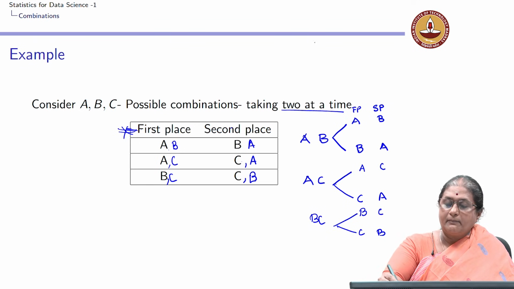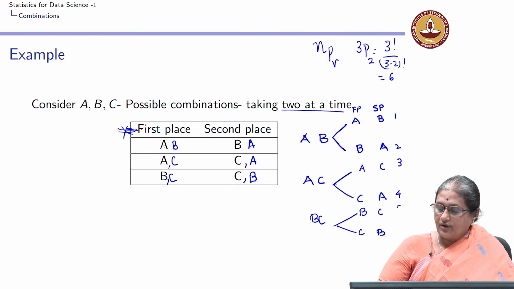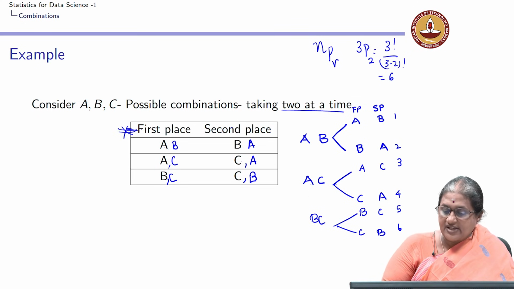Recall the number of permutations of two objects from 3, which was 3P2, equal to 3 factorial over 3 minus 2 factorial, which was nothing but 6. I have 1, 2, 3, 4, 5 and 6 possible permutations. The number of combinations is 1, 2, 3.